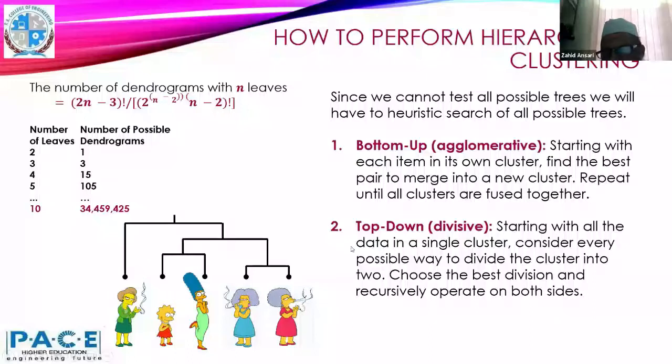Then there is a top down approach. Consider all the points to be part of a single cluster. Starting with all the data in a single cluster, consider every possible way to divide the cluster into two. Choose the best division method, and on the divisions again you divide recursively, till we reach the singleton clusters. So these are the two approaches.